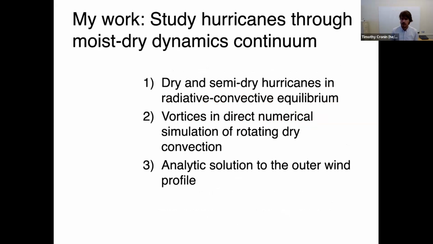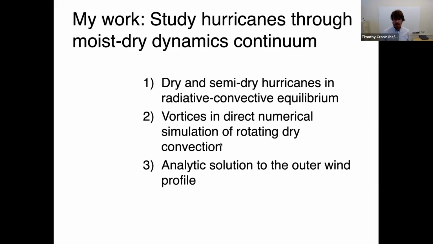So the work I'll talk about today involves several ways of trying to explore the dynamics of hurricanes through the lens of this moist to dry continuum. First, we've explored how storms form and their properties in what I'll talk more about, this rotating radiative convective equilibrium, where the convective heating of the atmosphere is balanced by radiative cooling to space.